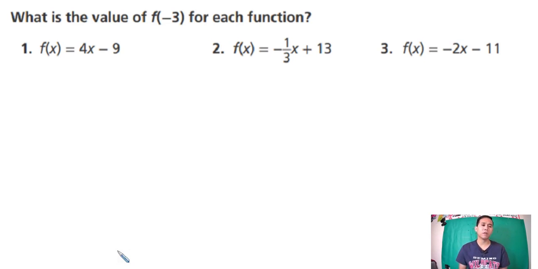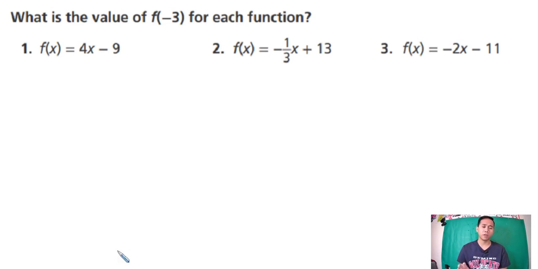On your screen right now, the question is, what is the value of f(-3) for each function? As you can see, if you convert these equations into slope-intercept form, they look alike. But the thing is, we are now talking about functions.